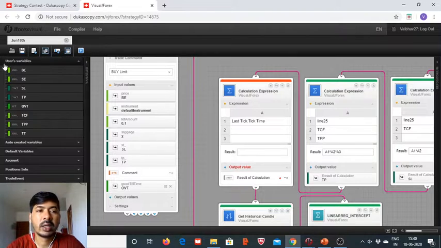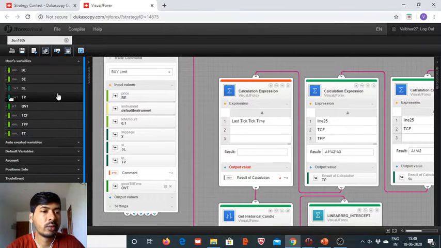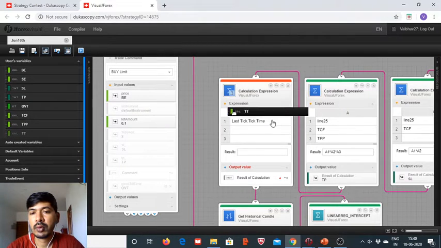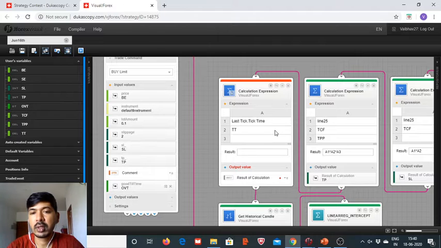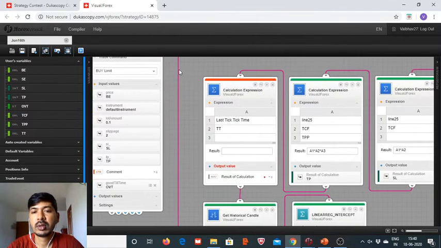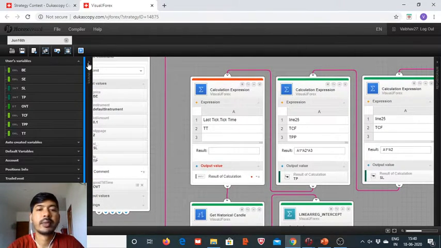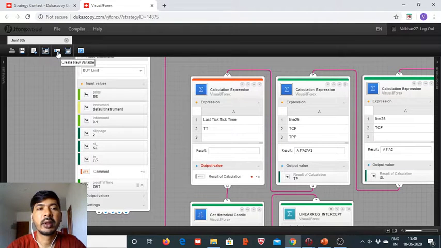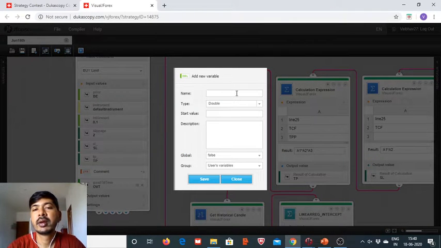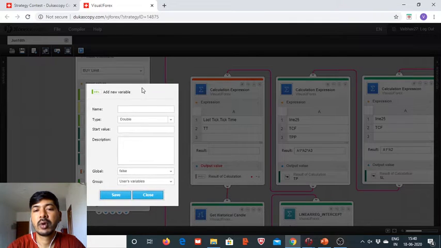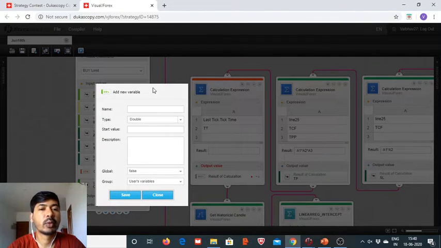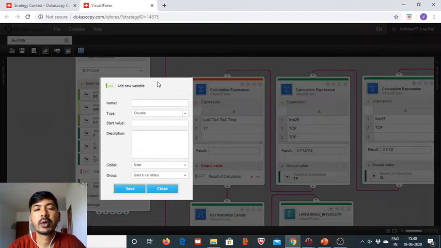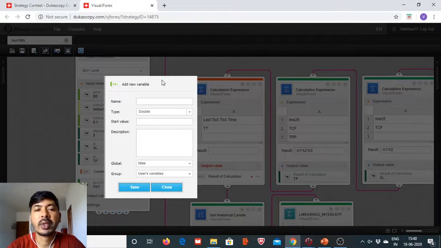So we have to now take that value, and we got this last tick time. Okay, and we have to now create a new variable, and as I said, 3.6 million ticks is good enough for 1 hour, and we are going to keep the order validity for 3 hours.